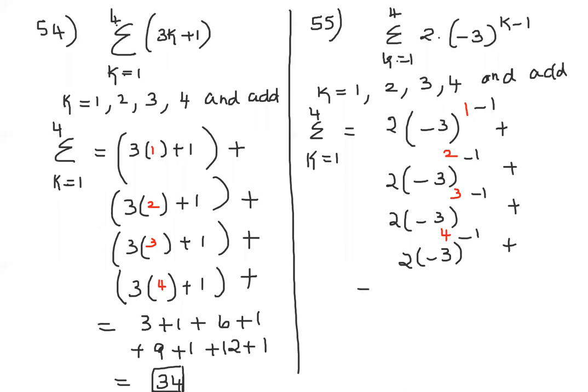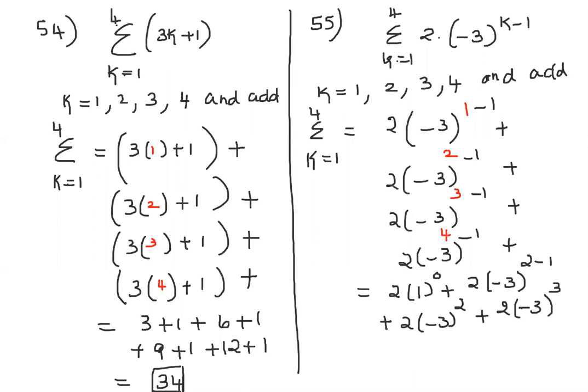So the answer is going to be 2 times 1 plus 2 times negative 3 to the power 2 minus 1, plus 2 times negative 3 squared, plus 2 times negative 3 cubed. So when we add, it's going to be 2 minus 6 plus 18 minus 54. So the answer we got is negative 40.